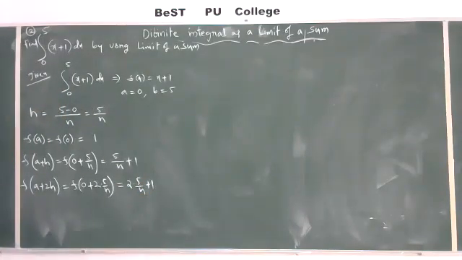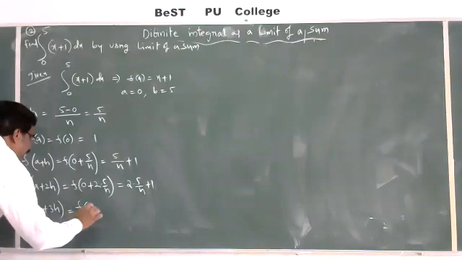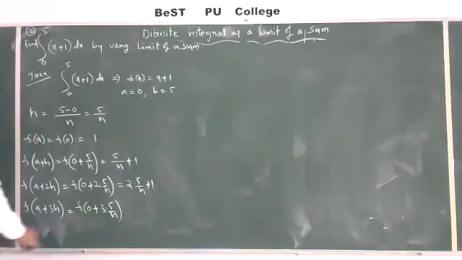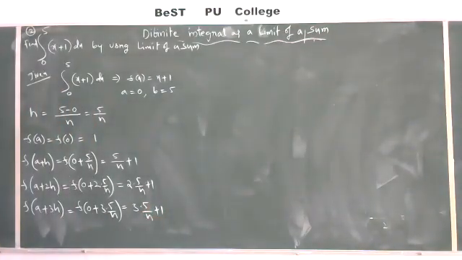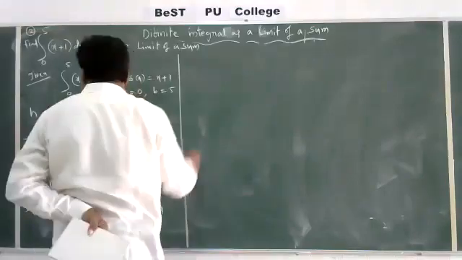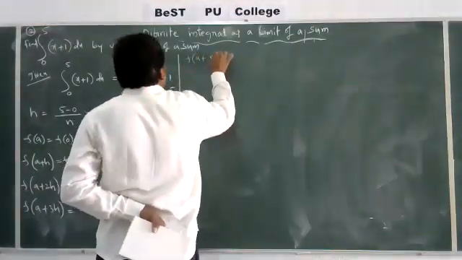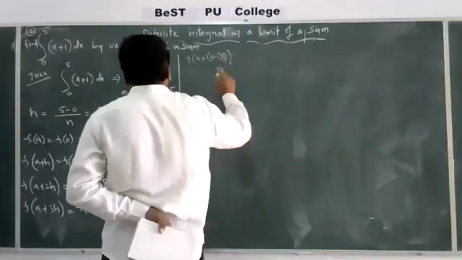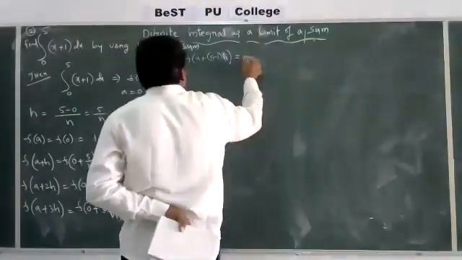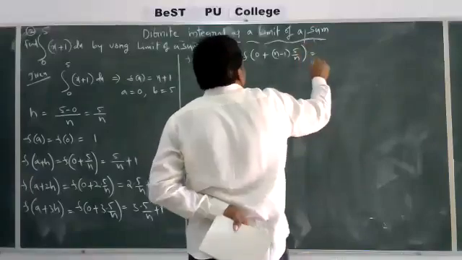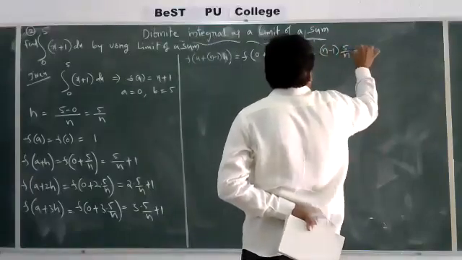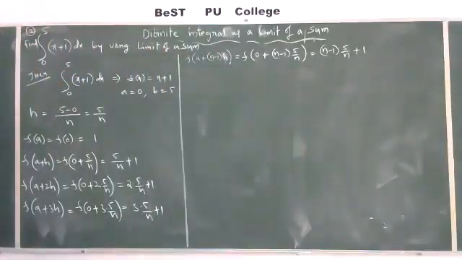You understood? f of a plus 3h is equal to f of 0 plus 3 into 5 by n, that is 3 into 5 by n plus 1, like that. f of a plus n minus 1 into h is equal to f of 0 plus n minus 1 into 5 by n, that is n minus 1 into 5 by n plus 1. These are the values, and so on.